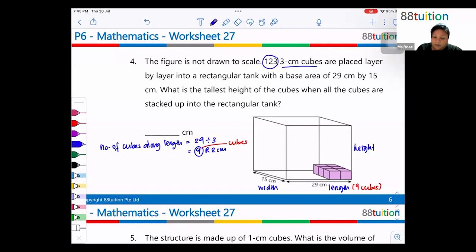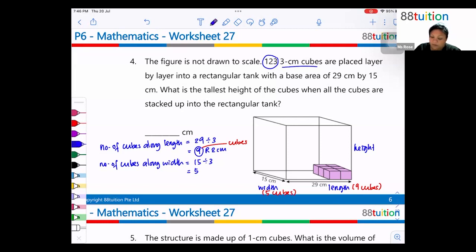Now, along the width, okay, along the width, you have how many cubes? You have 5. So along the width, you have 5 cubes. Okay.